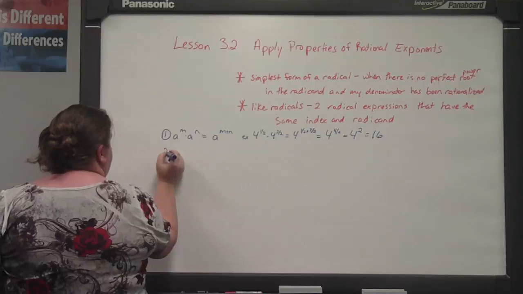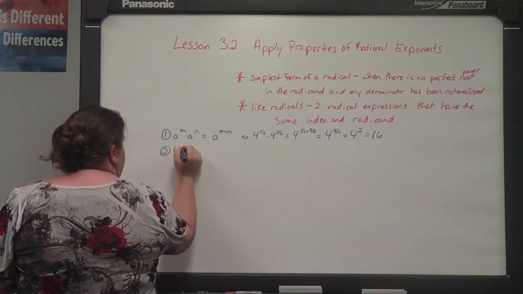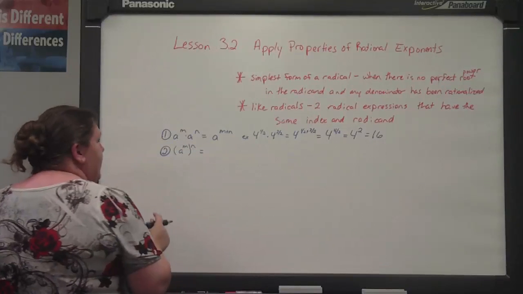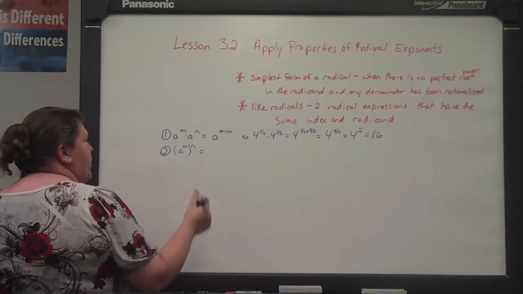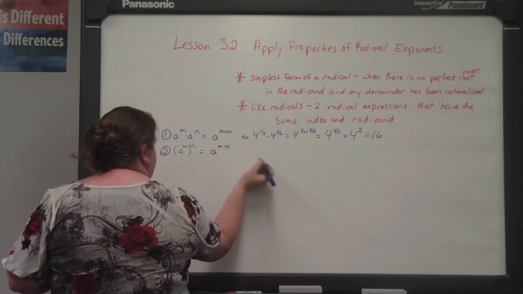The second property we have is a to the m, to the n power, which means we are actually going to multiply because it is separated by parentheses. So a to the m times n.